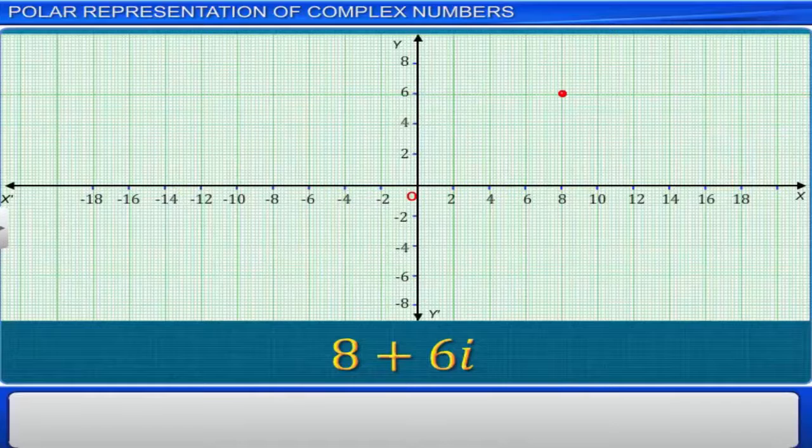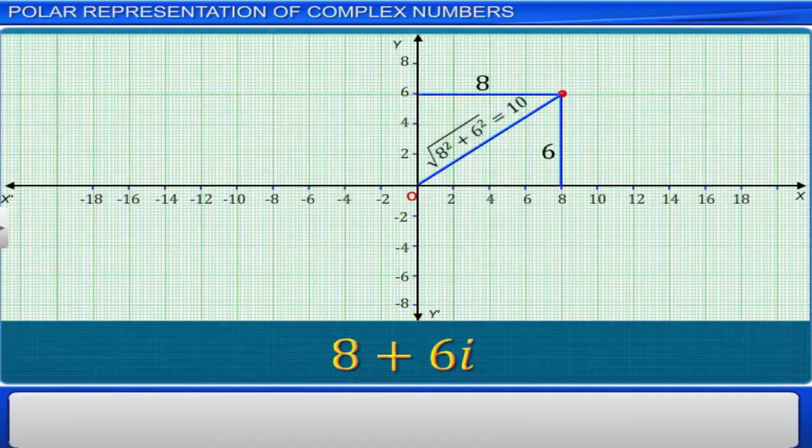Now, we'll draw perpendiculars from the point to the axes. The perpendicular distance of point P from the x-axis is 6 units, while the perpendicular distance of point P from the y-axis is 8 units. Therefore, the distance of point P from the origin O is the square root of the sum of 8 squared and 6 squared. This is equal to 10 units.